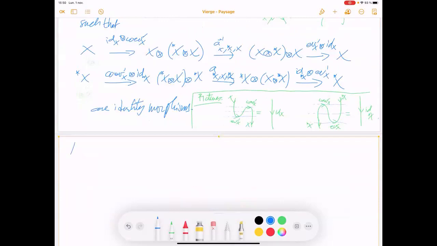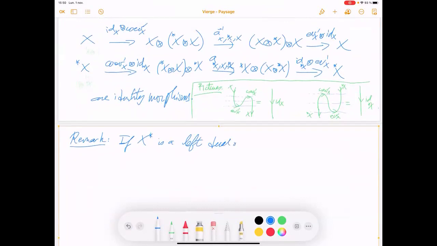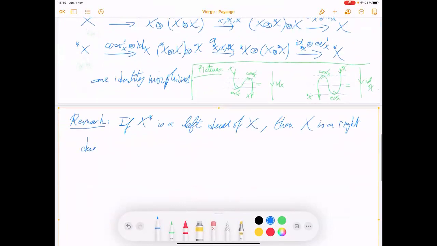So remark, we will prove this remark: if X star is a left dual of X, then X is a right dual of X star.